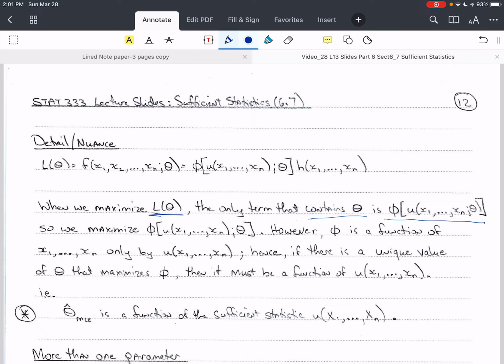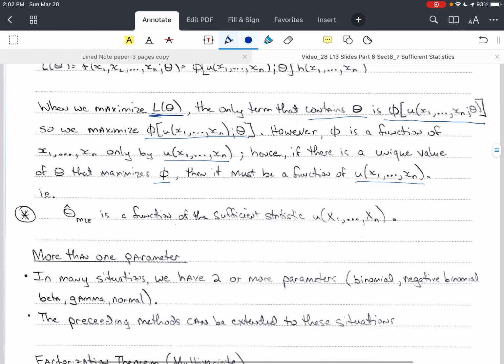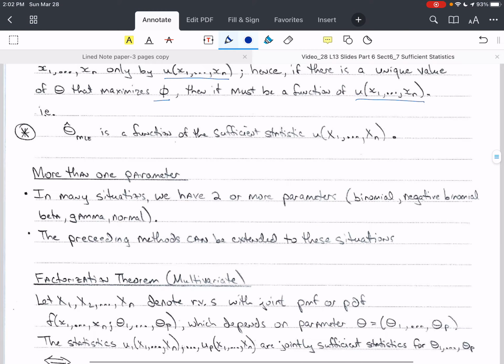So we maximize phi, but phi is a function of x only through the sufficient statistic. Therefore, if there's a unique value of theta that maximizes phi, then it must be a function of this. In other words, the MLE is always a function of the sufficient statistic.